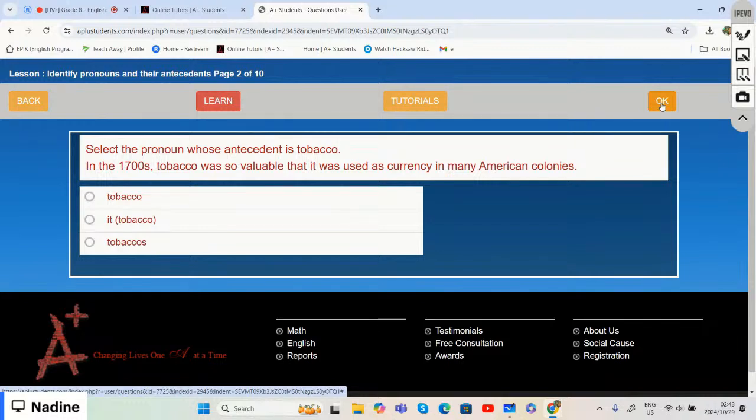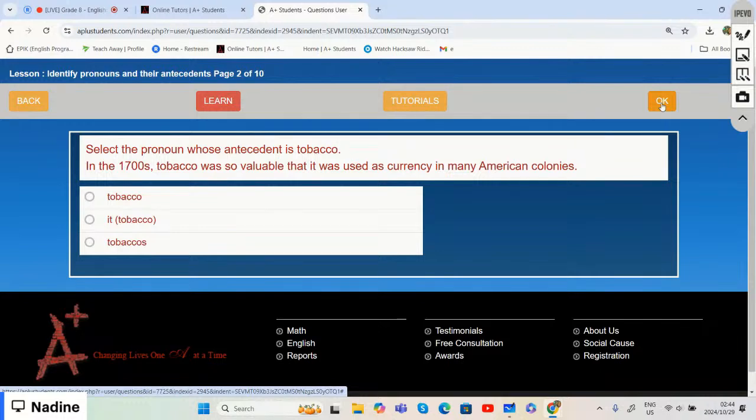The next one says, in the 1700s, tobacco was so valuable that it was used as currency in many American colonies.